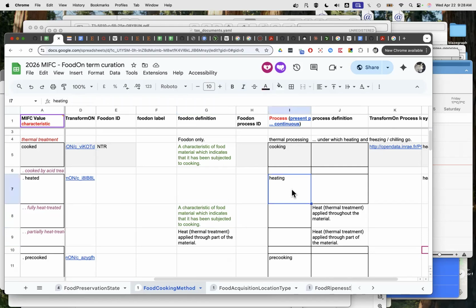But the process is heating, and this is the objective. So there may be heating, fully heating. So you do kind of have to have a verb here that implies the objective in it.